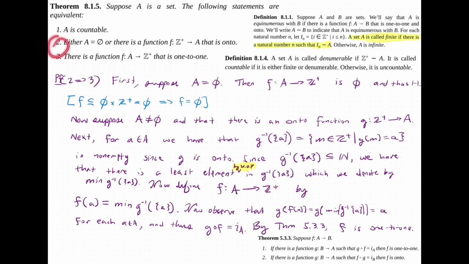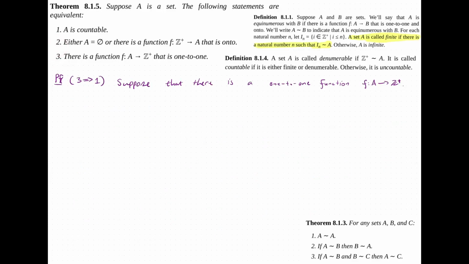And all that remains is to show 3 implies 1. Okay, so let's go ahead and show 3 implies 1. So we're supposing that there is a 1-to-1 function f from A to the positive integers. And now we're going to construct a new function.